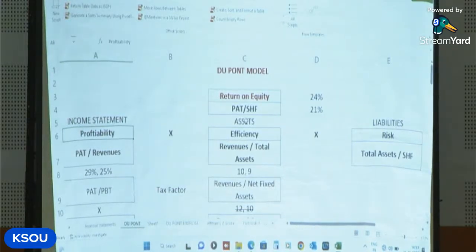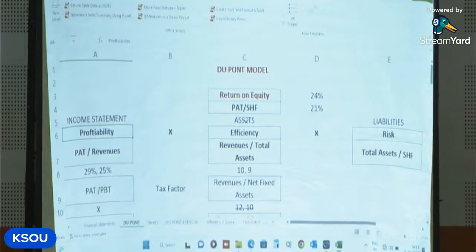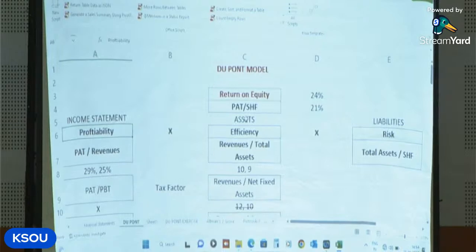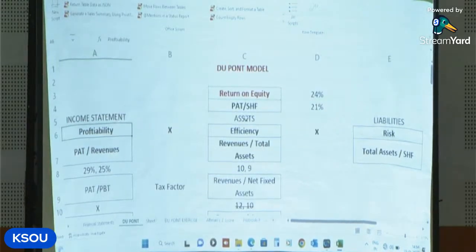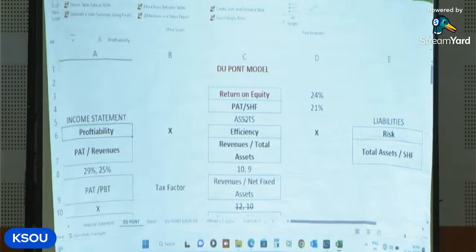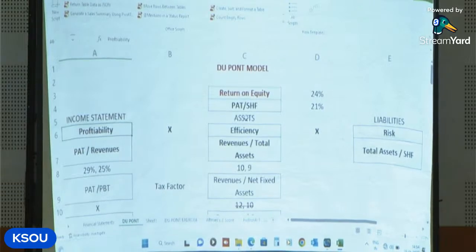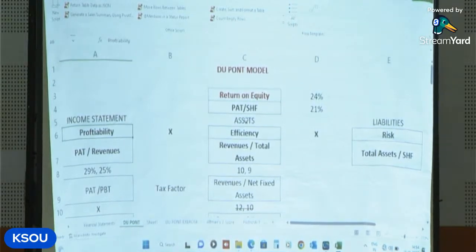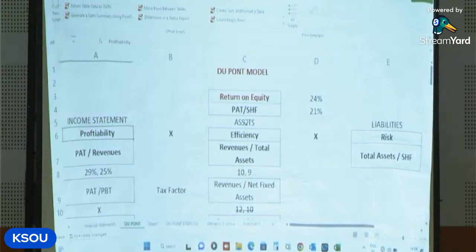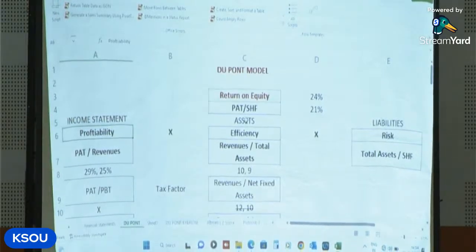You see how beautifully the model has been designed to bring relation between them. All these ratios we are learning independently. I told you nothing new, but first time we are seeing everything getting integrated, and unless it is integrated, we may not find it effective to interpret. So, when I asked you initially, how can one ratio, ROE, tell us the direction?